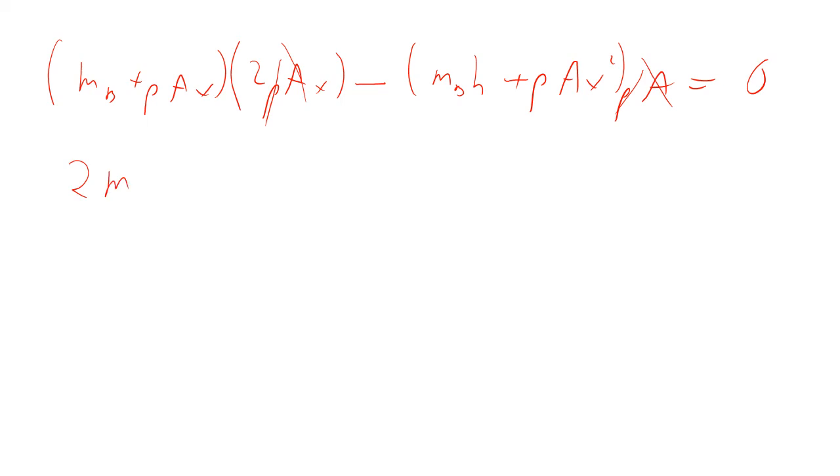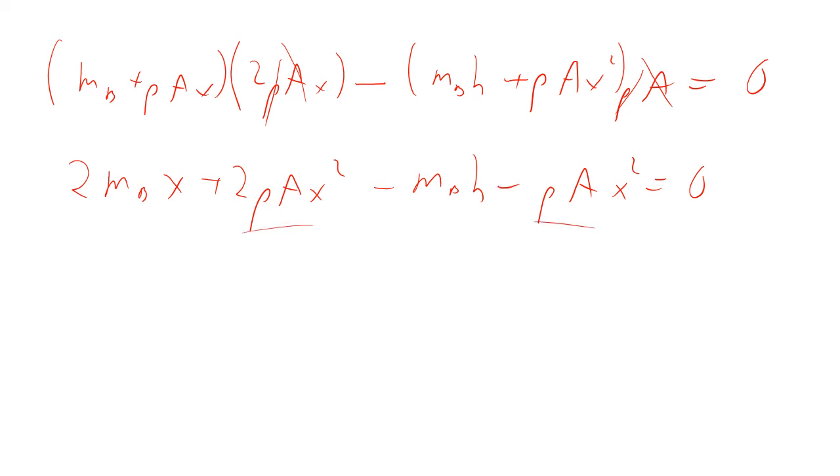So that's 2 m_b x plus 2 rho a x squared minus m_b h minus rho a x squared equals 0. Sorry, it's minus rho a x squared. So we have 2 rho a x squared minus rho a x squared. That means we have rho a x squared plus 2 m_b x minus m_b h equals 0.